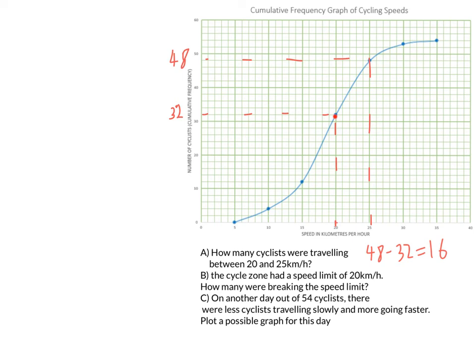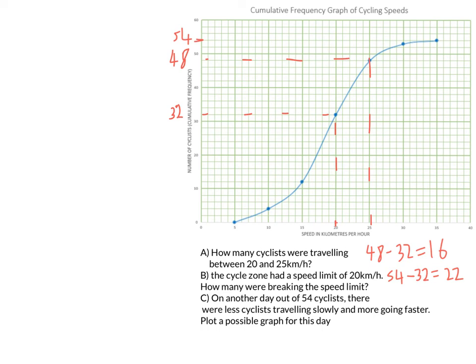So it's actually anyone above this, they're the ones that are breaking the speed limit. So from the 32nd person up until this last person, which is at 54. So 54 is the key there, it's your maximum. So how many were breaking the speed limit? Well, there's 54 people, 32 weren't breaking the speed limit, they were going less than 20 kilometers per hour, and that leaves you with 22 people breaking the limit.